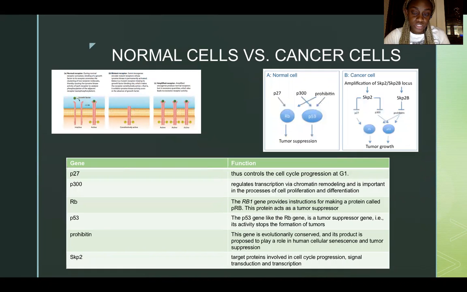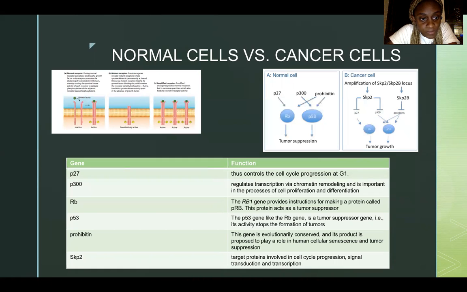So here you can see the normal cells. It's a slide focused on the difference between normal cells and cancer cells. On the left, you see images of the receptors. On the far left, you see a normal receptor. During normal receptor activation, the binding of a growth factor to its receptor promotes the clustering of two receptor molecules, therefore causing the tyrosine kinase activity of each receptor to catalyze.